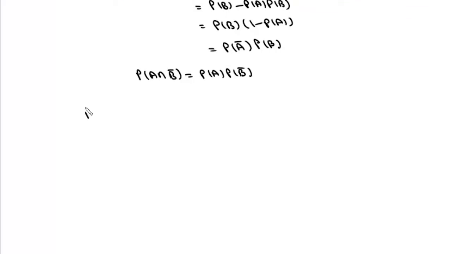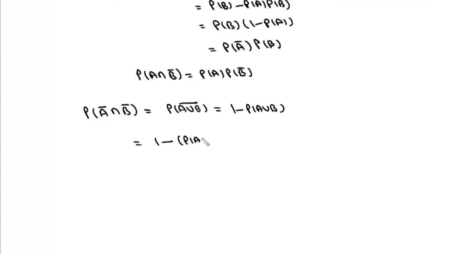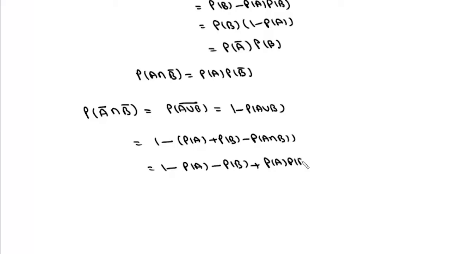Now if we look at independence of A naught and B naught, then we know that probability of A naught intersection B naught is 1 minus probability of A union B. This is 1 minus PA plus PB minus P of A intersection B. Now we can write this as 1 minus PA minus PB, and this is plus, since A and B are independent, PA into PB.